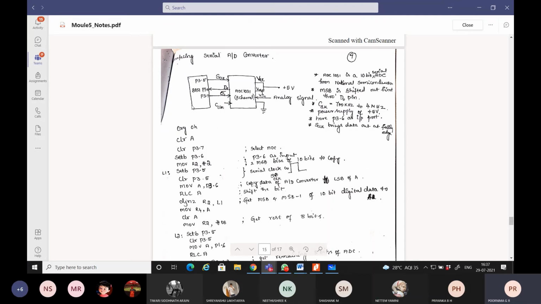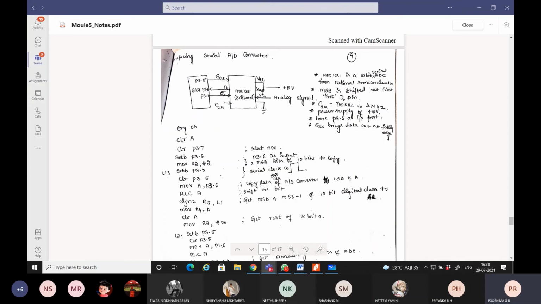Other important pins with respect to this serial ADC interfacing are as shown here. P3.5 is a serial clock connected to ADC 1031. Similarly, P3.7 is the chip select bar pin. So unless the 8051 sends an active low on P3.7, the ADC can't start its conversion.